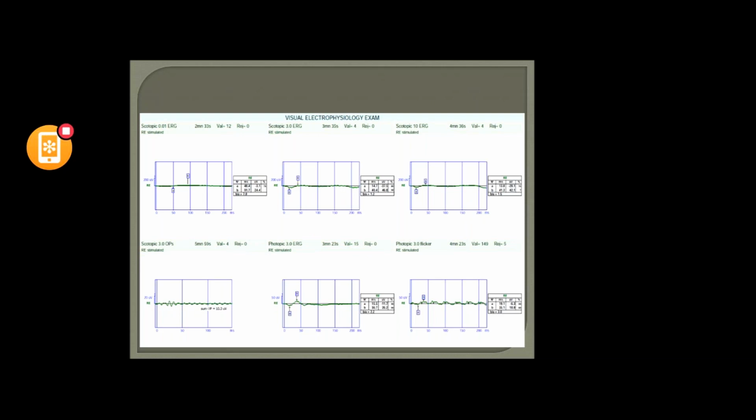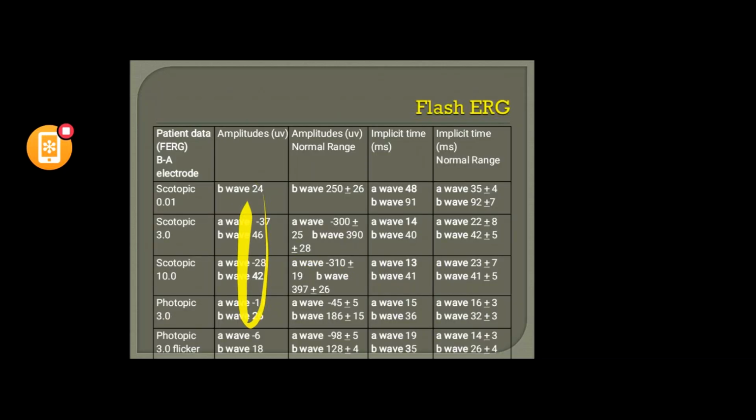From 0.01 till 30 hertz flicker, none of the waveforms are well formed. All of these waveforms are pretty extinguished, pretty low. So this data shows the parameters.